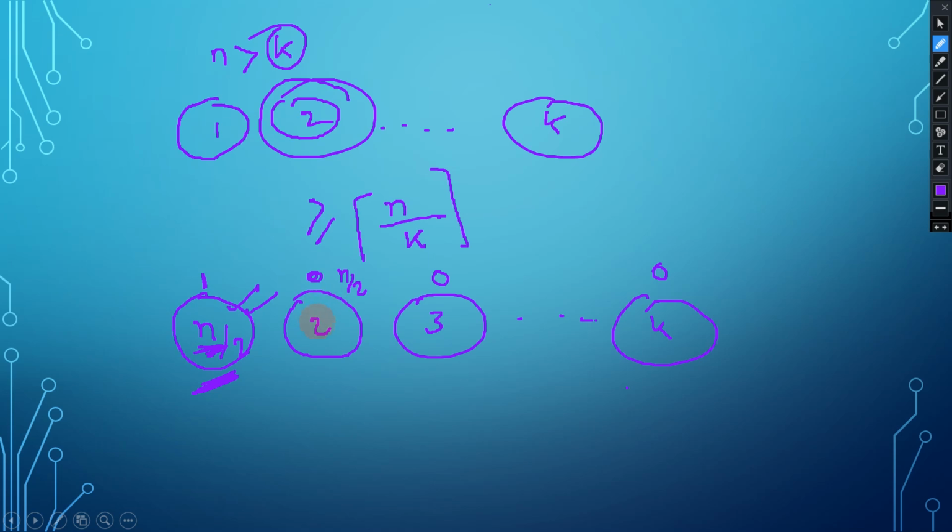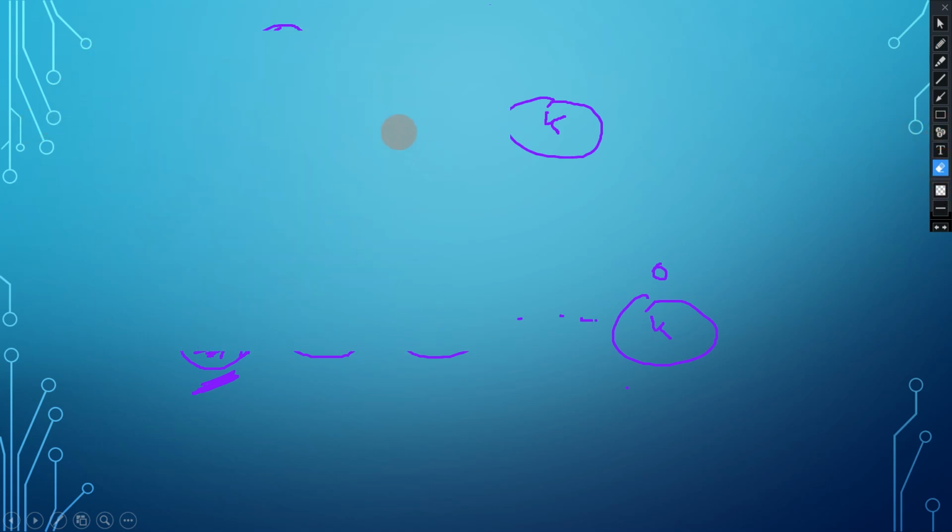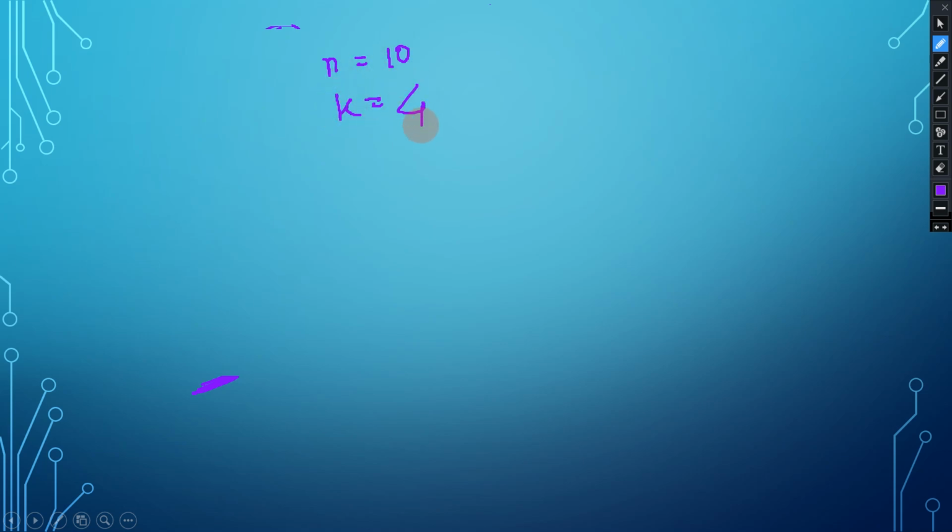Okay. So we can take a numerical example, then it will be more clear to us. Let us take k as 4 and n as 10. So we have 10 pigeons and 4 holes, 1, 2, 3, 4.